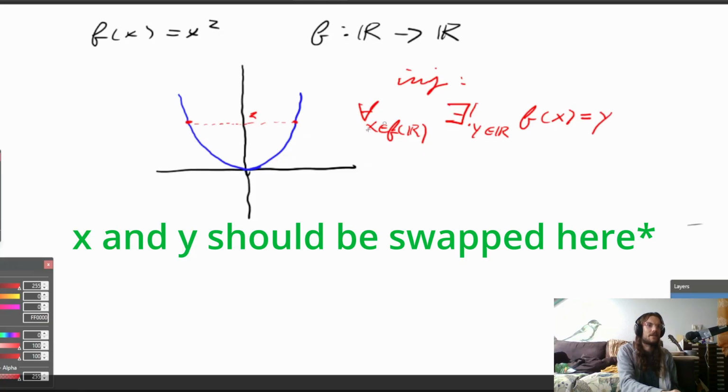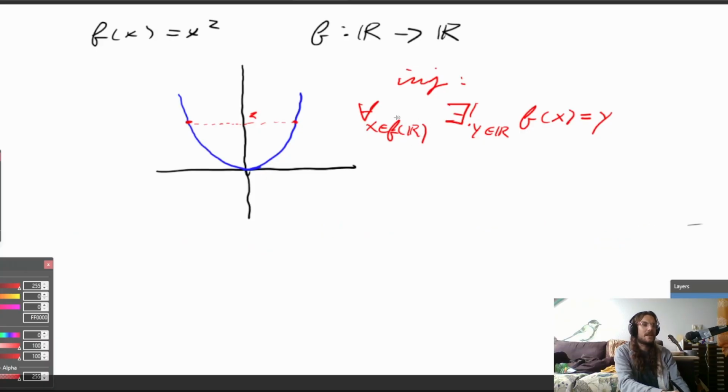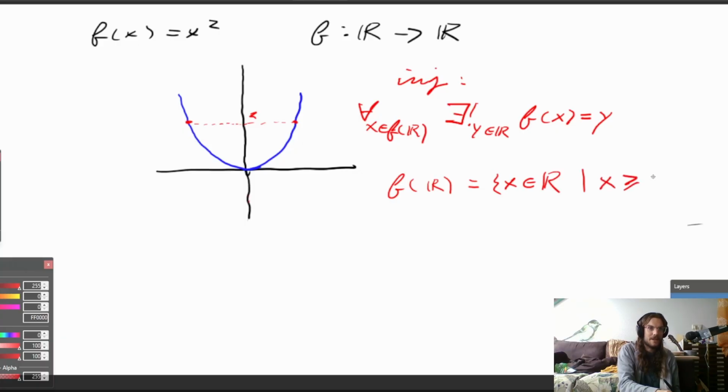That's what it means for f to be injective. And the range here is only the positive real axis, because we cannot reach the negative axis with our function. So f of R in this case equals all the x in R for which x is larger than or equal to 0.